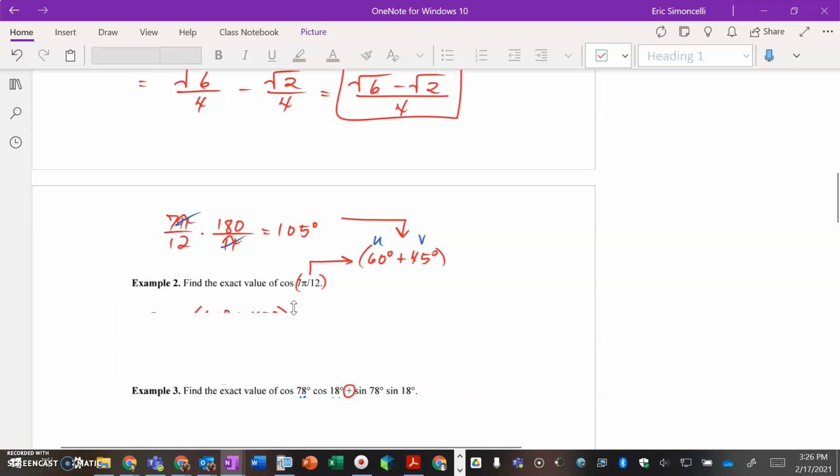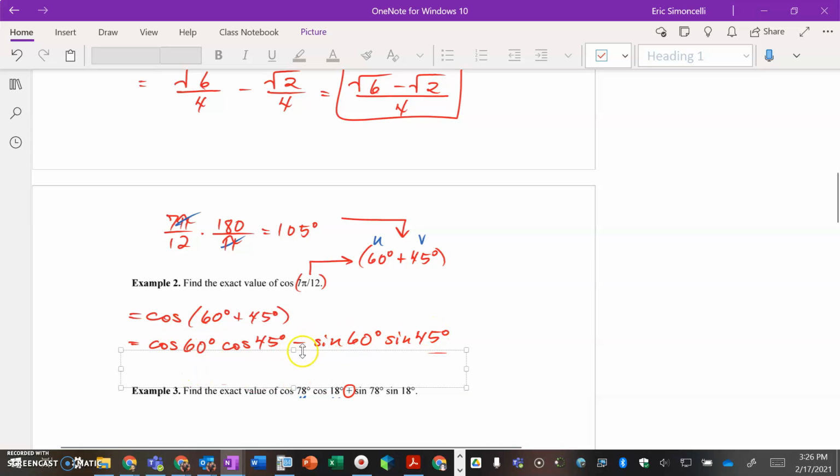So, cosine of 60 plus 45, in other words, cosine of u plus v. Again, if we're using the formula correctly from up above, it's cosine, cosine, sine, sine. Cosine 60, cosine 45, minus, because the sign changes from plus to minus, sine 60, sine 45.